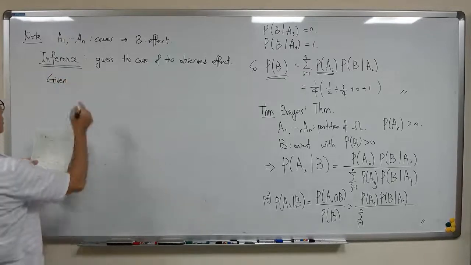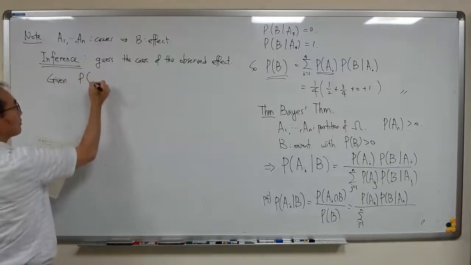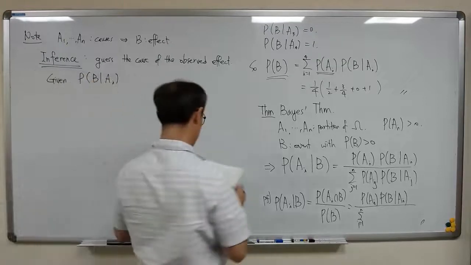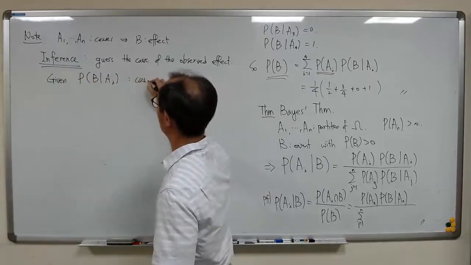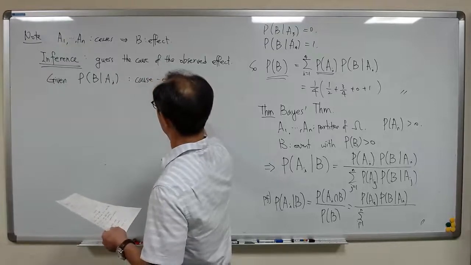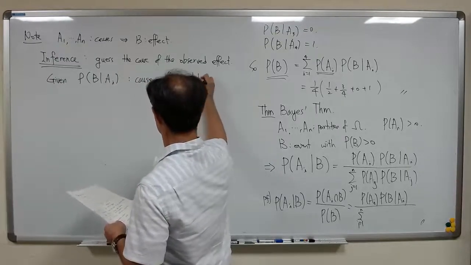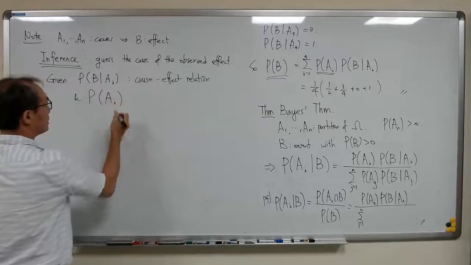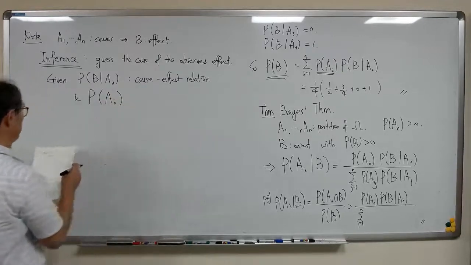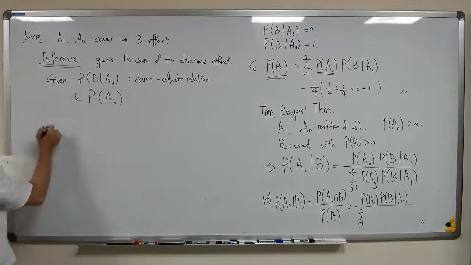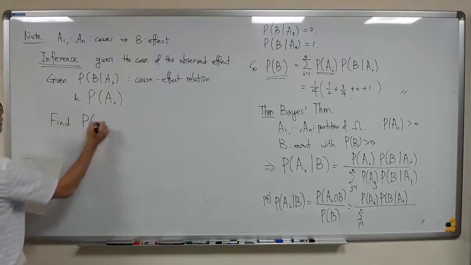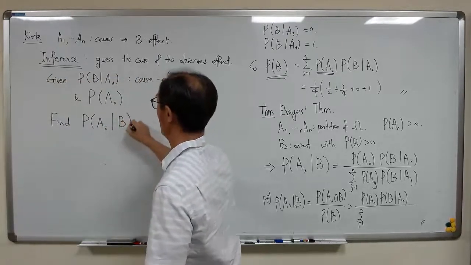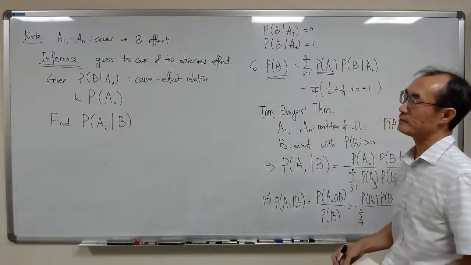But the given probability model is something like this: you're given the probability of the effect given individual causes, so you're given the cause-effect relation, and also the probability of individual causes. With this information, I want to find the probability of an individual cause given the effect.